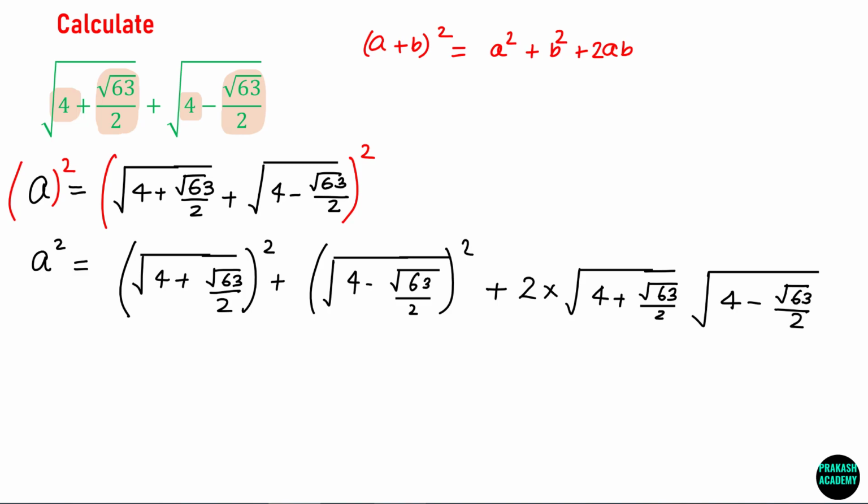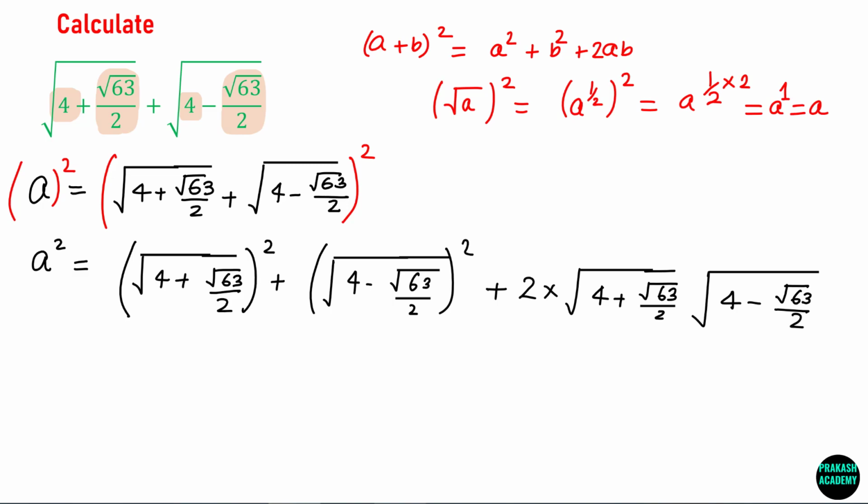Now let us simplify using the rules of power. So if you remember, if we have root A, the whole square of this can be written as A raised to the power 1 by 2 raised to the power 2, and this can further be written as A raised to the power 1 by 2 into 2. This means A raised to the power 1.